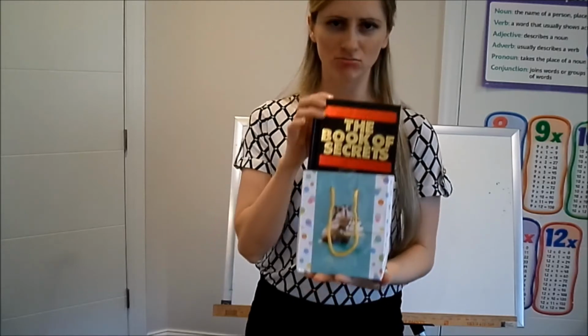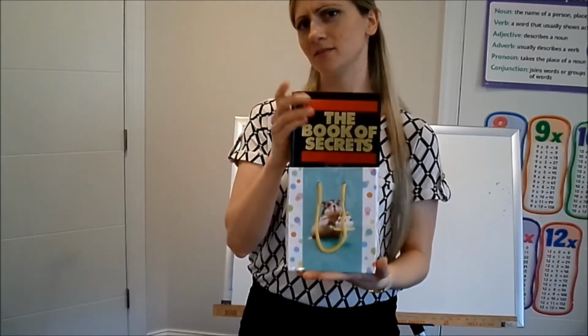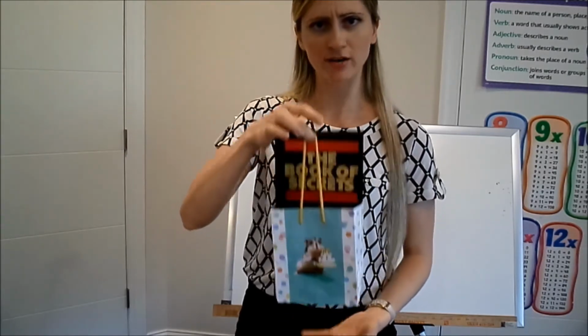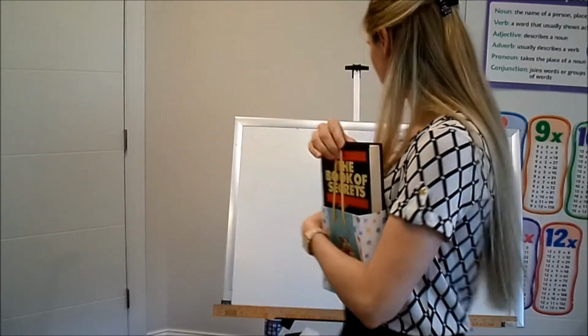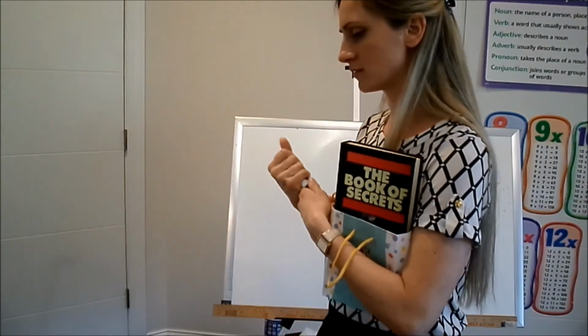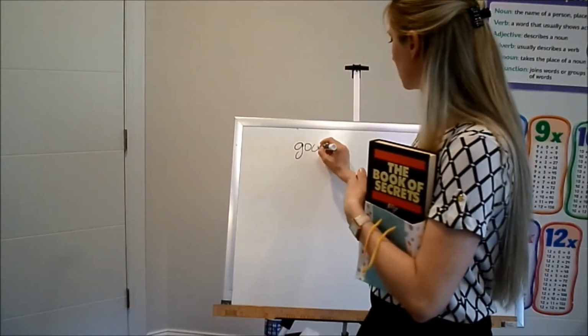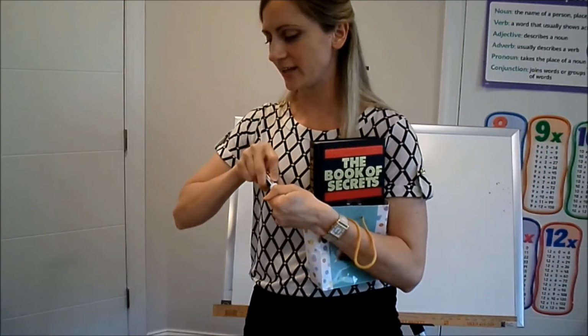It fits pretty well, doesn't it? Sort of. I could do it if I really didn't have any other bags, right? Is this an okay bag? It's a good bag? Let's write. Good. It's okay, I guess.